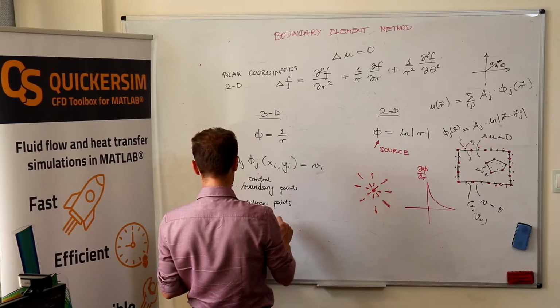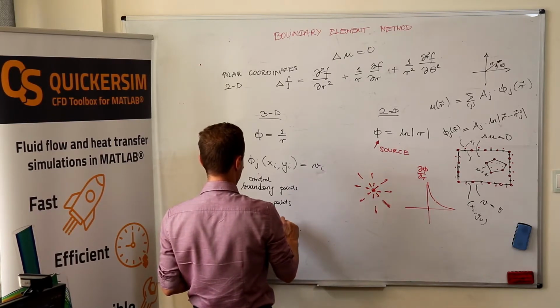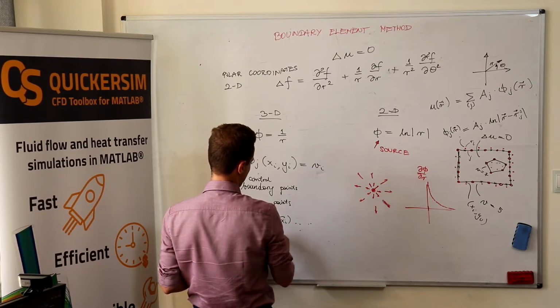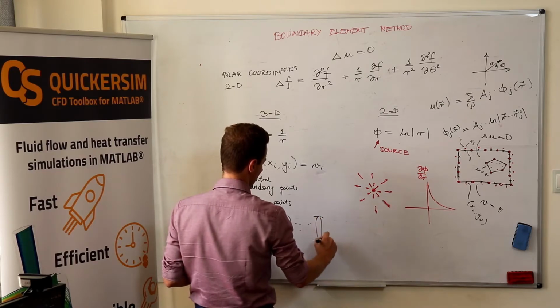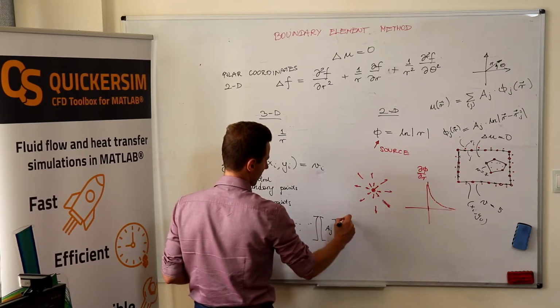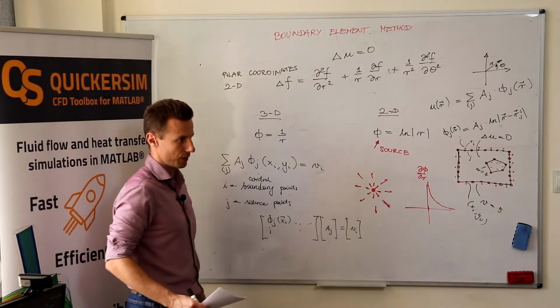You will have phi j x I, etc. Then you've got all a j's here, and here the vector of all vi's.